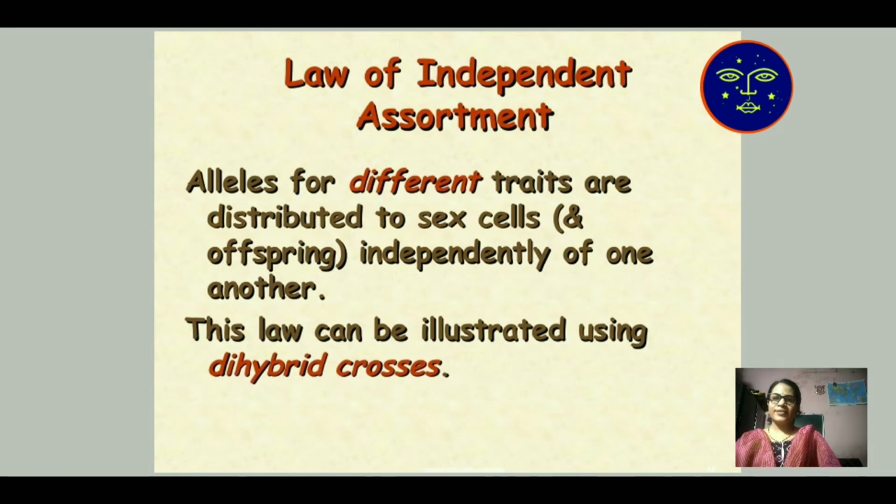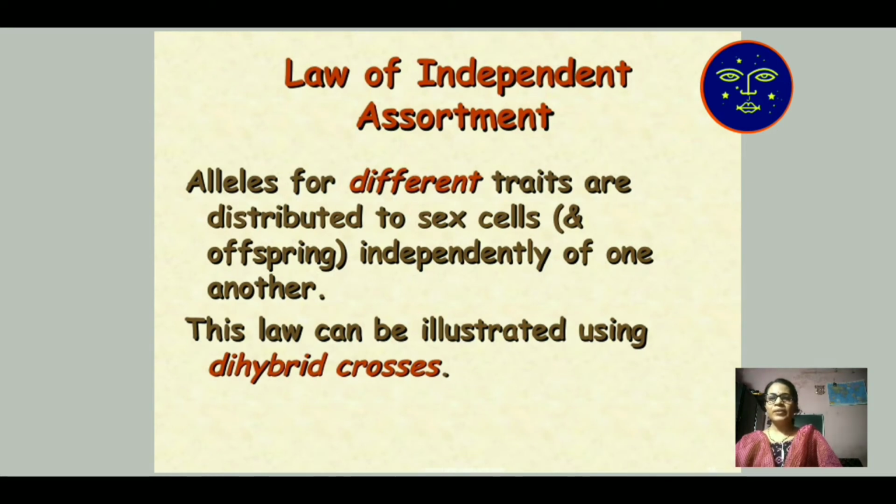Welcome to this class. Here we discuss the dihybrid cross of Mendelian experiment. In the previous class, we discussed the monohybrid cross of Mendel, and how the single character of dominant and recessive traits was chosen by Mendel and how the crosses began.